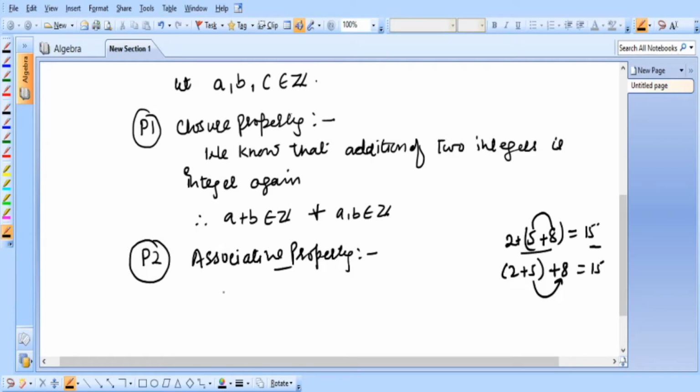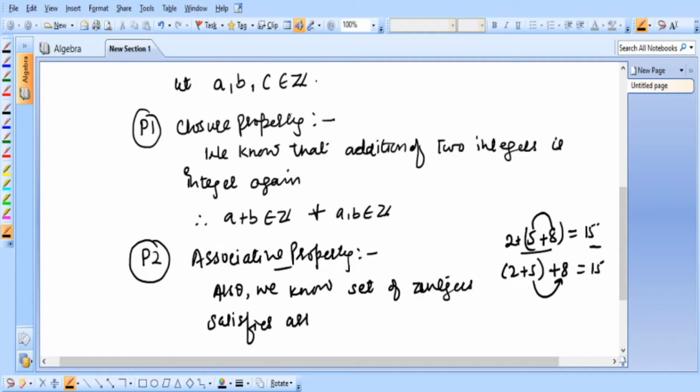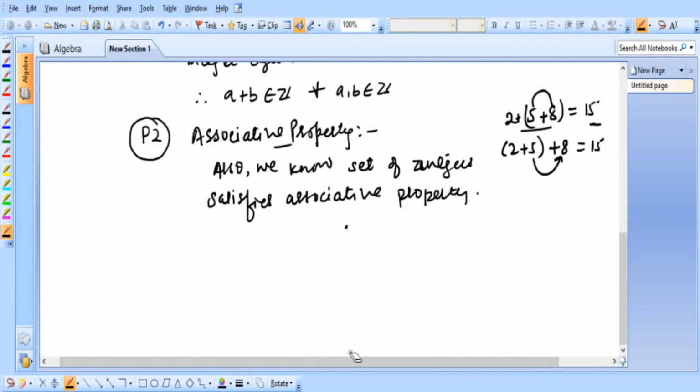So we know the set of integers satisfies the associative property.